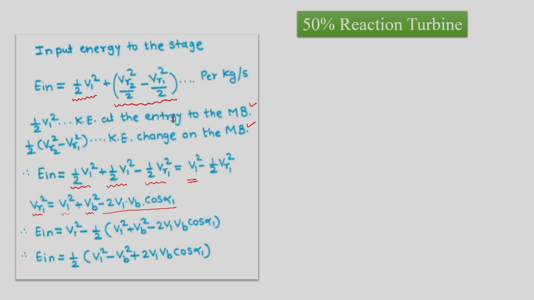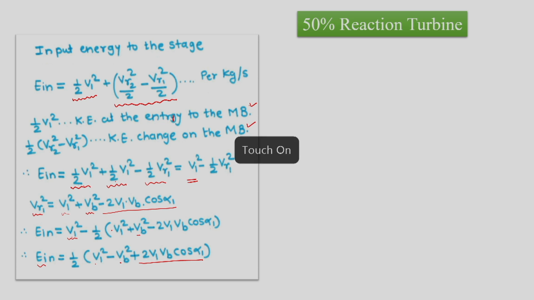So E in is equal to V1 square minus half into V1 square plus VB square minus twice V1 VB cos alpha 1. So this V1 square will go in, and so we will have half into V1 square minus VB square plus twice V1 VB cos alpha 1.